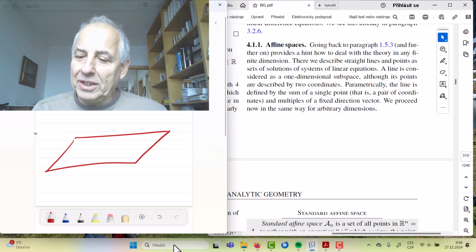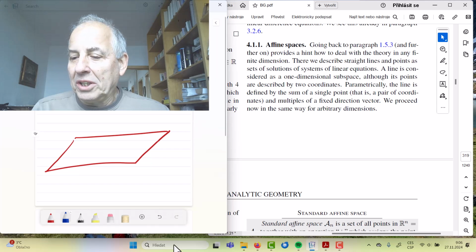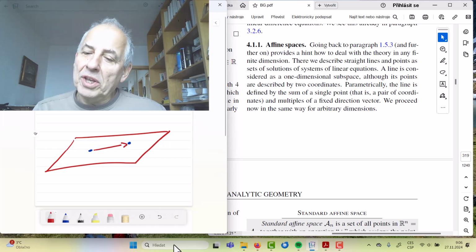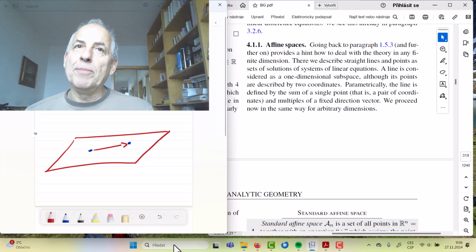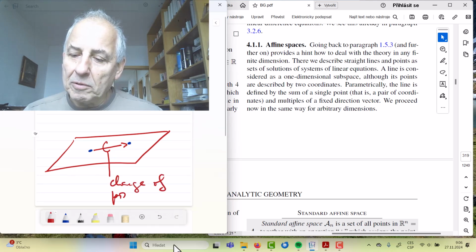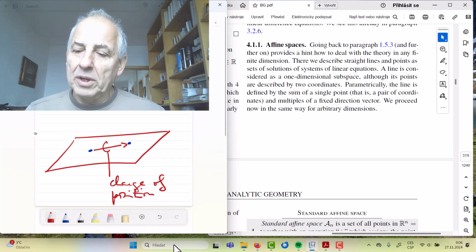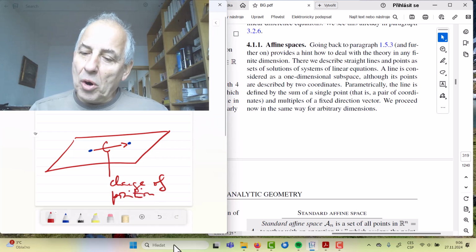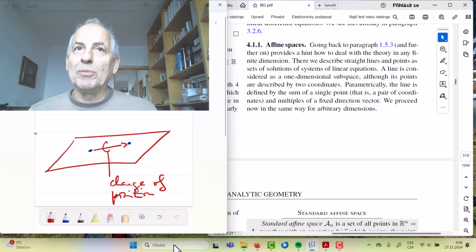And we thought that in the plane we want to have something like the notion of points and also the notion of vectors which bring us from one point to another point. So the vectors are independent objects and the vectors are considered as change of position, while the points are the positions themselves, right?